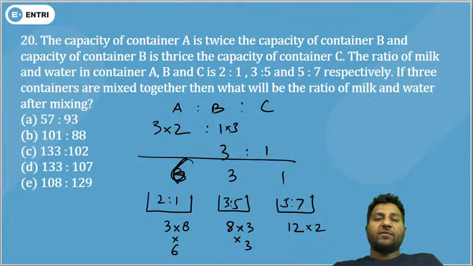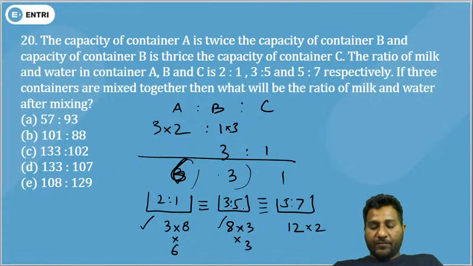And they are asking if 3 containers are mixed together, then what will be the milk. So if you have equated all the value, you have started multiplying with 6 in the first container, 3 in the second container, and 1 as 24.